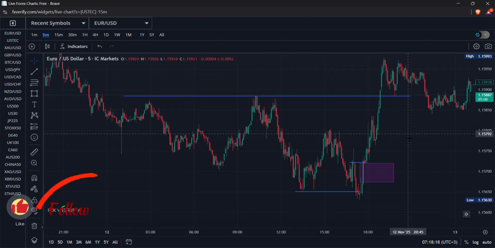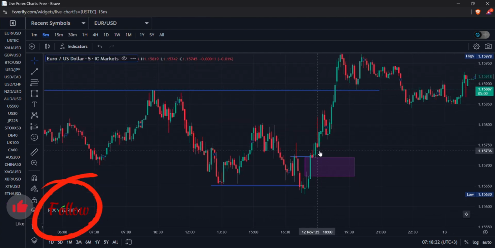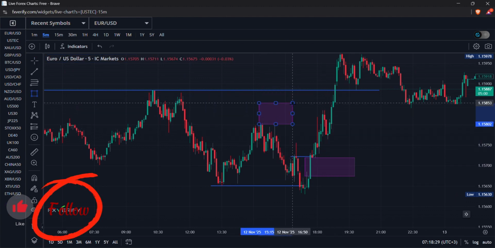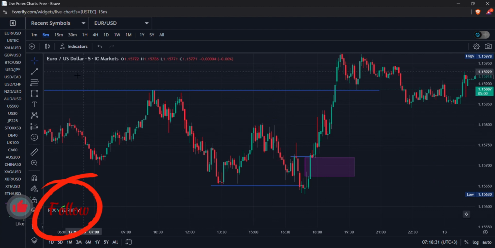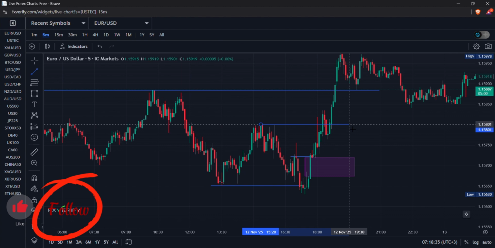I will be trying to enter after this high has been taken out for confirmation. Since there was no pullback, I wouldn't have known what the market would really want to do, so I would have waited until this high was taken out.